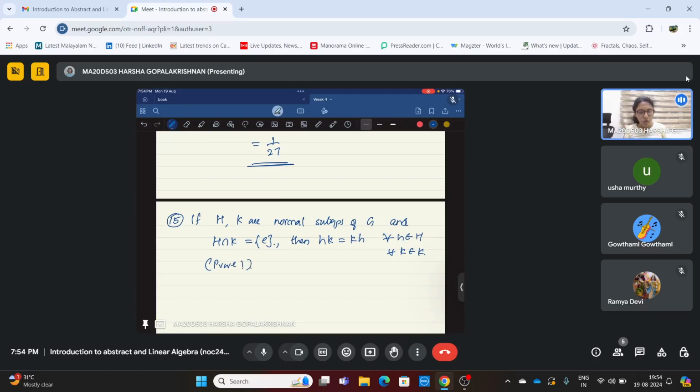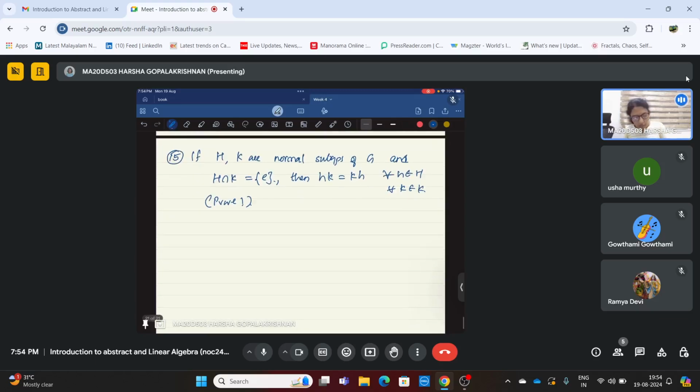If H and K are normal subgroups and H intersection K is just the identity, what we need is hk equal to kh for all h in H and for all k in K. So this is what we want to prove.